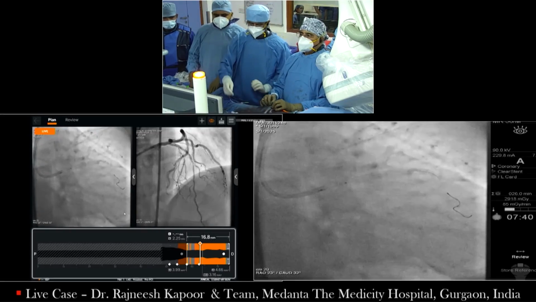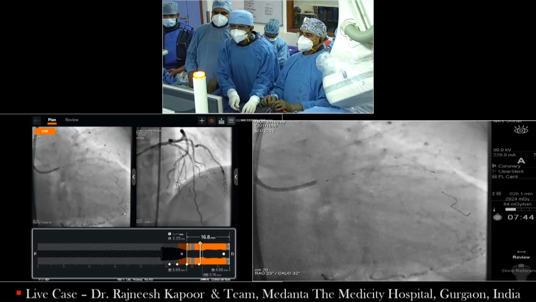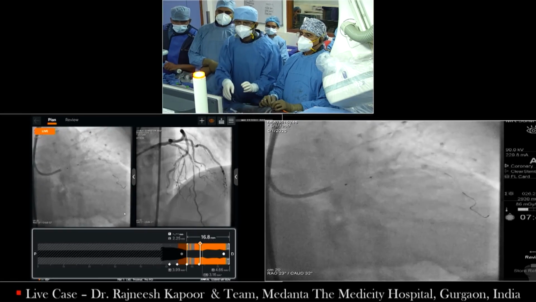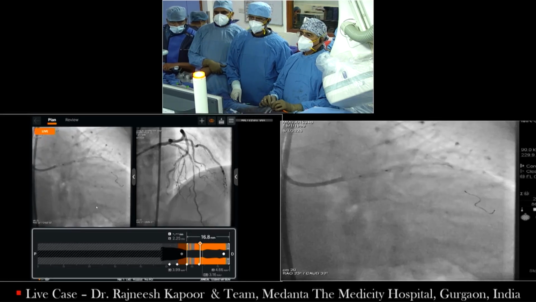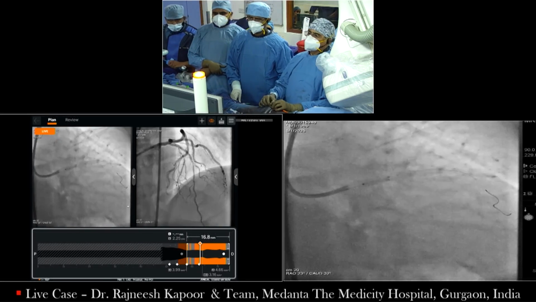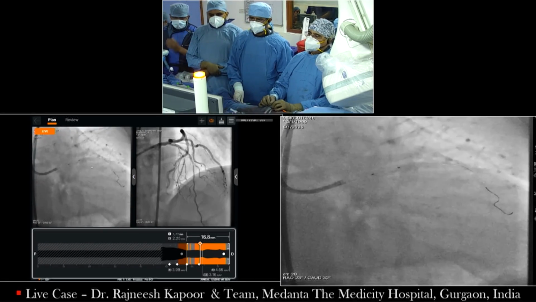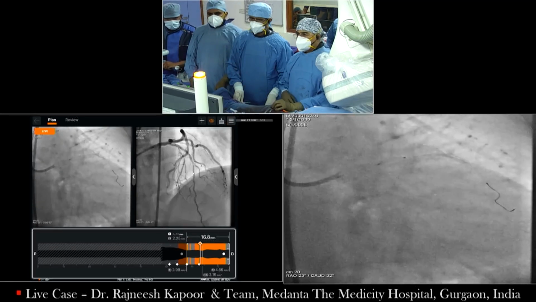I don't think we can say that in an uncrossable lesion, orbital does not work. That's not a true statement. We have to be very careful. Because if that was a rota 1.25, you would have jumped in and got stuck, whereas here you can come back with the ablation again backwards as well. There are other advantages.